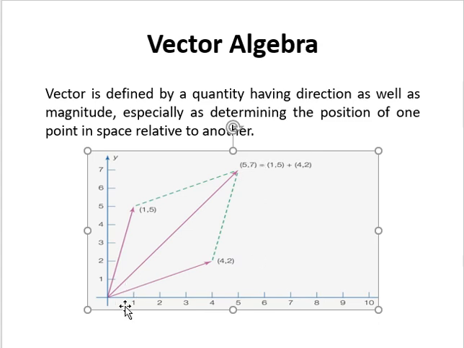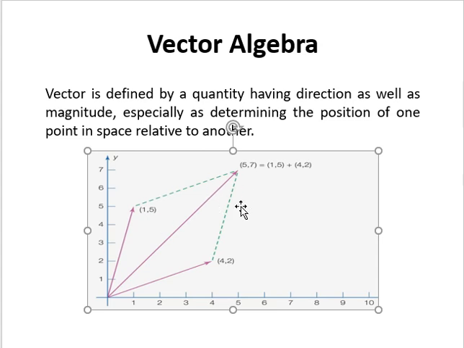If I denote the x-axis as the i direction and the y-axis as the j direction, each unit vector in the x direction can be represented by i, 2i, 3i, 4i, 5i, and each unit vector in the y direction by 1j, 2j, 3j, 4j, 5j. Then the point (5, 7) can be represented by 5i plus 7j.